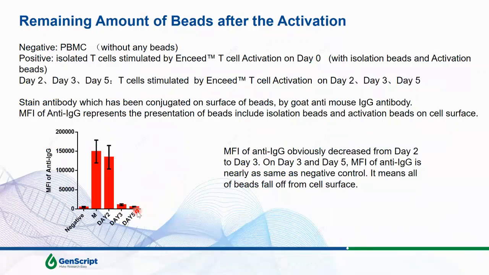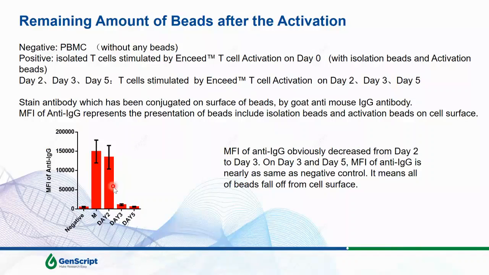The main reason is that the size of the beads is very small, 100 nanometers. So some part of the beads will be washed, peeled off during the cell culture, and some other part may be internalized by the cells themselves. In the figure, we use the MFI of the anti-IgG to quantify the amount of the beads. The negative control is the empty control, and M here is our positive control, and day 2 is the day 2 after the activation.